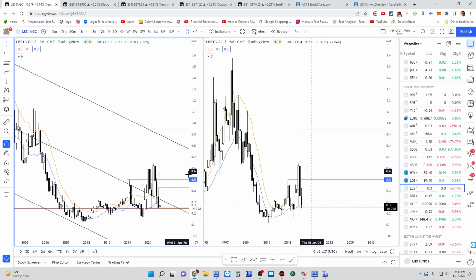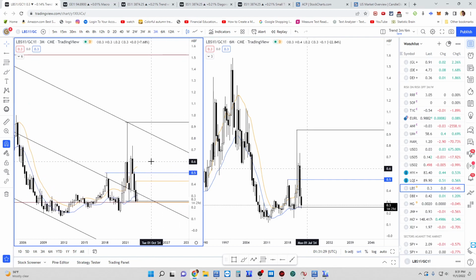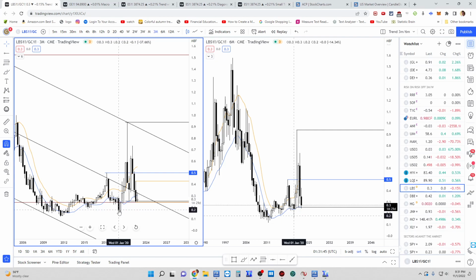Lumber versus gold. So basically growth versus safety. It's strong towards safety against lumber. When it closed below here in 2018, we stayed low, and then we basically nuked in 2020. And we got a similar thing going.